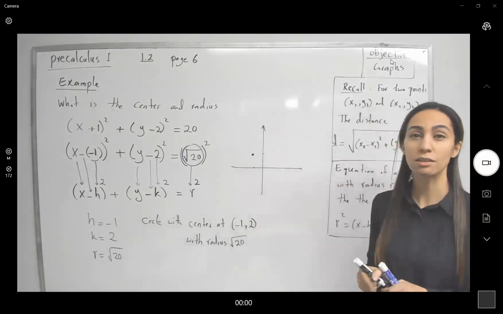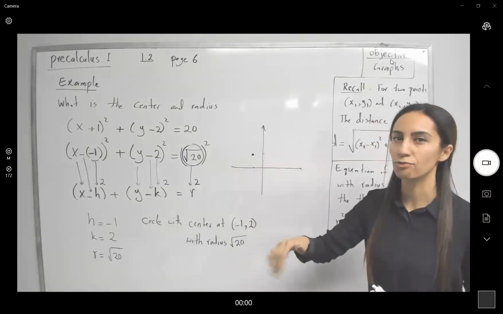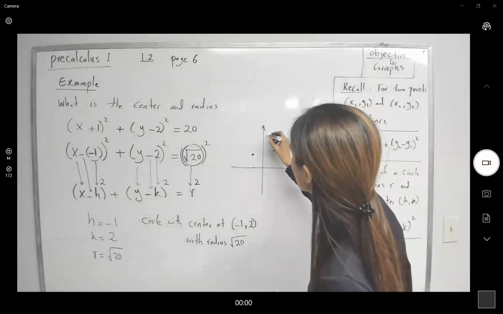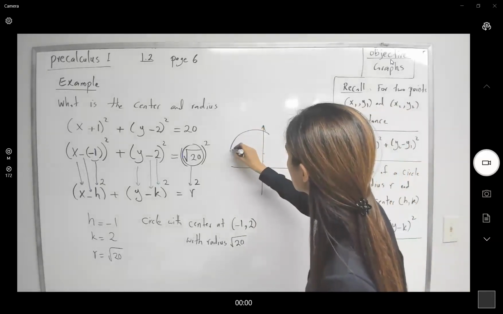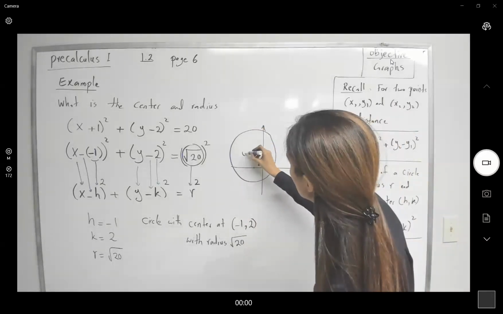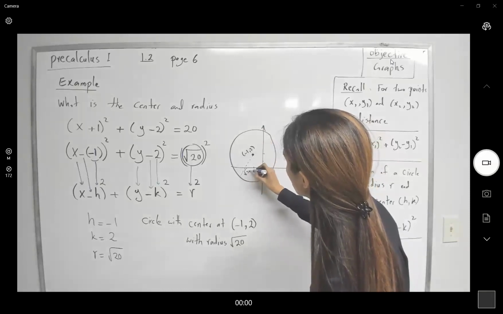So your circle is located here, and square root of 20, well, it's 4 point something. It means that your graph should be like this. This is your circle. So this is the center, -1 and 2, with radius square root of 20.